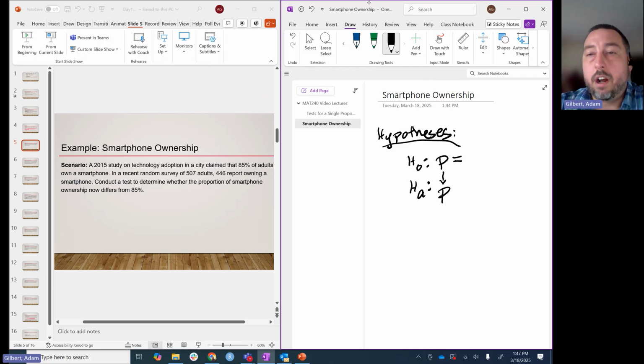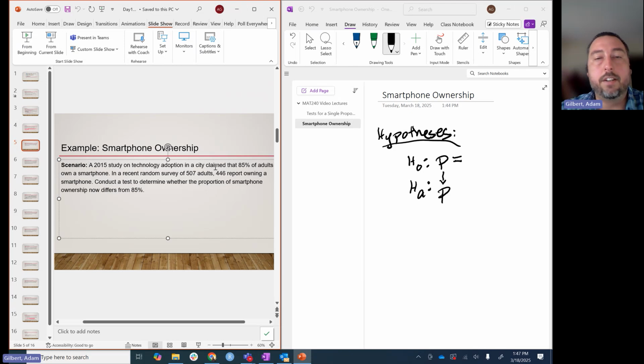What we want to do in our null hypothesis is assume that there's nothing to see here. Everything is as it was, nothing has changed. And so what we'll assume is that the current state of smartphone ownership matches the state of smartphone ownership from 2015. If there was no change, there really is nothing to see here.